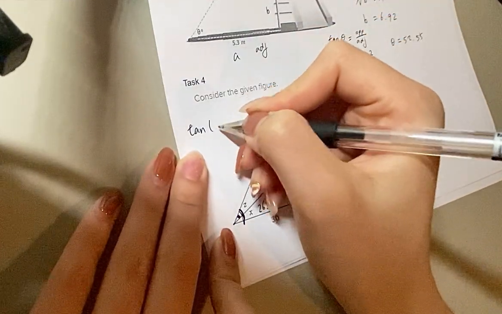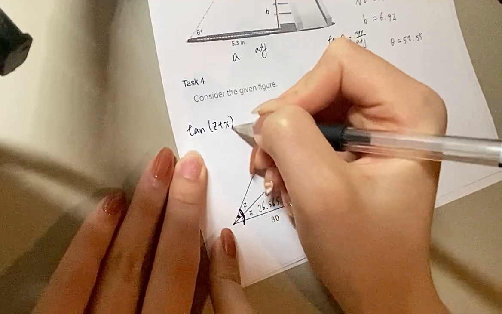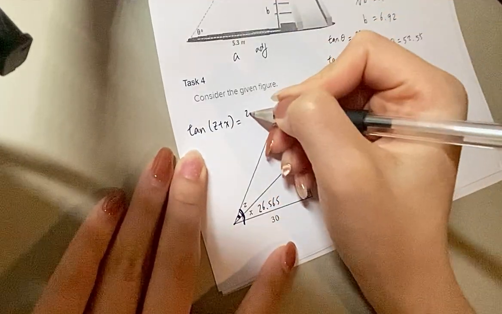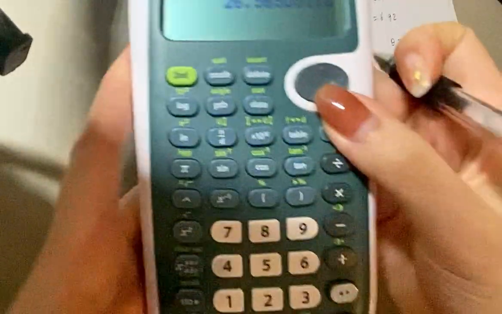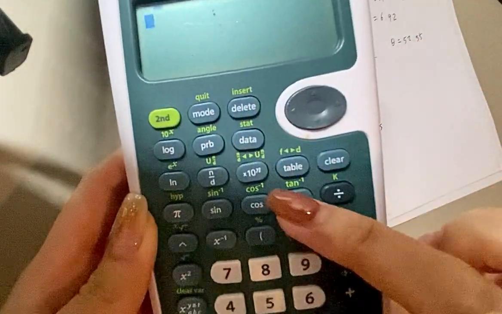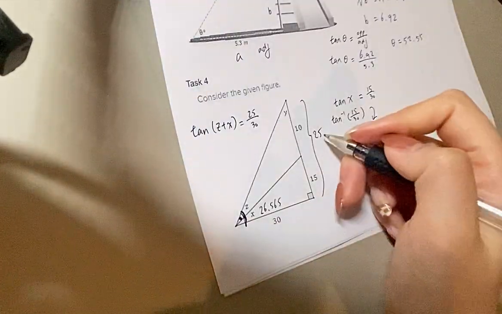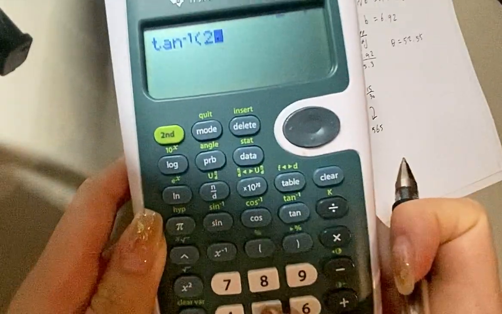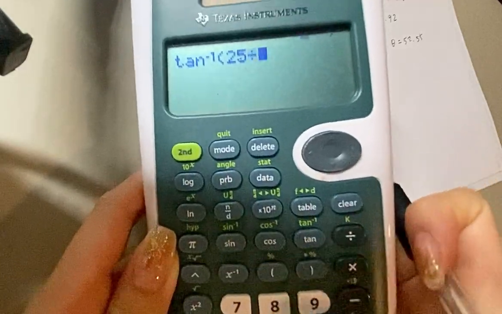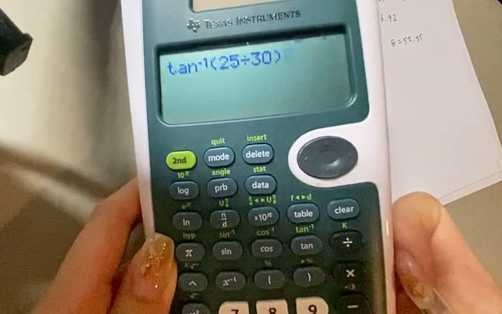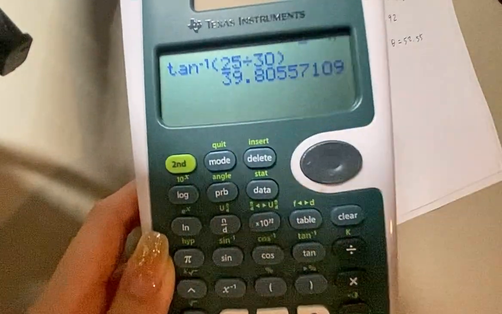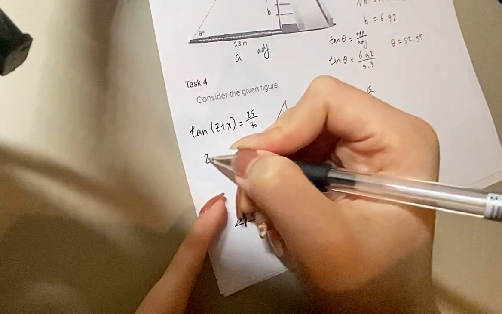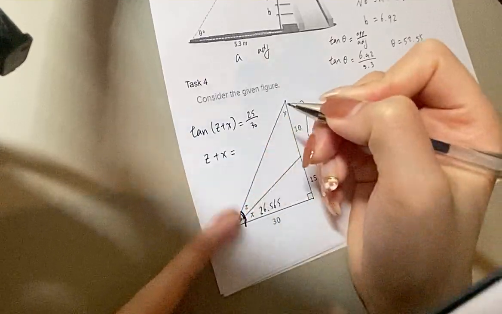Okay, so tangent of z plus x equal to 25 over 30. So we can put that into the calculator by using second tan, 25 over 30. So it's 25 divided by 30. Gives us 39.80557. So z plus x equals 39.8.